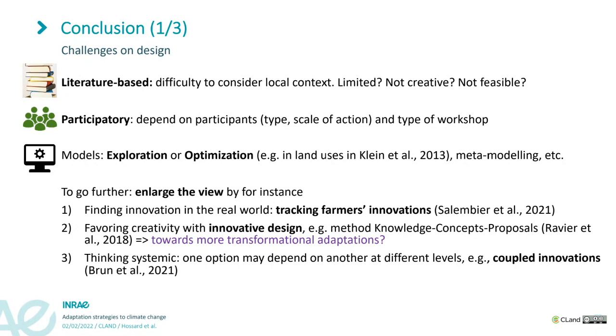Then favor creativity with, for instance, innovative design to go more towards transformational adaptations. And the last one, which may be a very important one, is think systemic, because an option at one scale may depend on other levels, like I was saying, for instance, for changing varieties and adapting the processing of wine.